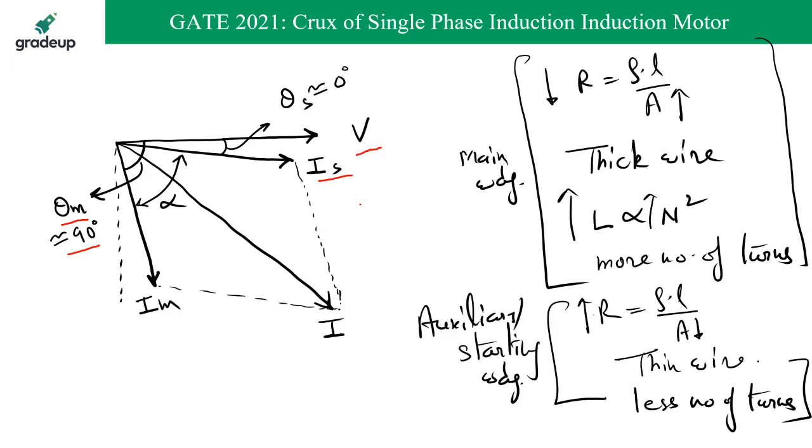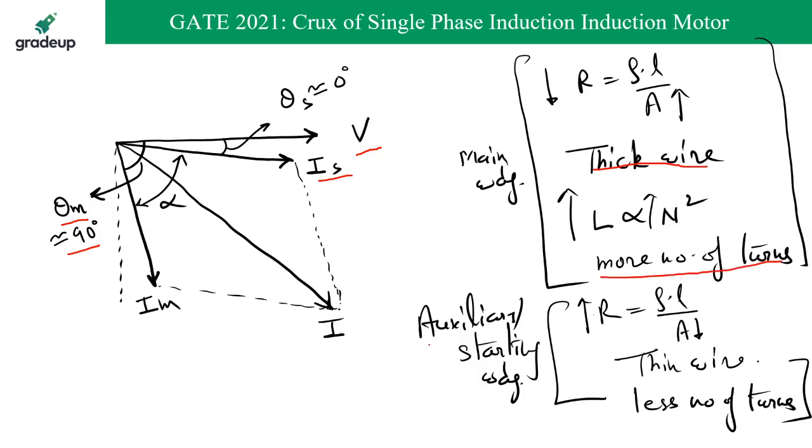Naturally, more number of turns means more length of the conductor or the wire. And you know that inductance is directly proportional to the square of the number of turns. So if inductance has to be high for a highly reactive main winding, the number of turns should be more. Are you getting my point clear in your mind? So you can understand that the main winding is going to have thick wire and it is going to have more number of turns.